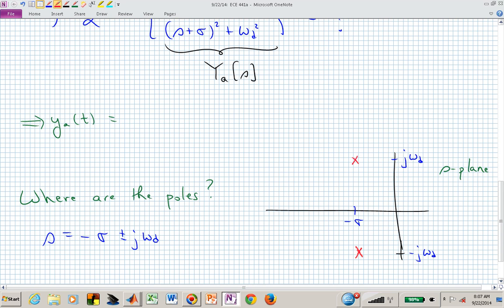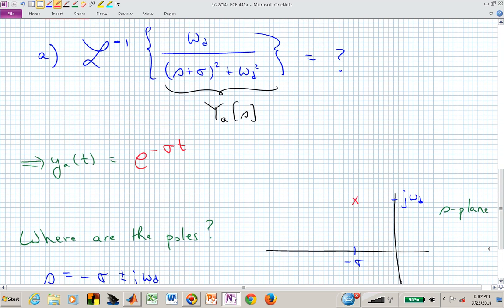You now have an e to the minus sigma t damping or decaying this response, and the omega sub d gives you the damped frequency of oscillation. What you may not remember is whether you were dealing with a sine or a cosine. This one, because there's no s in the numerator, is a sine, and it's now sine omega sub d t.